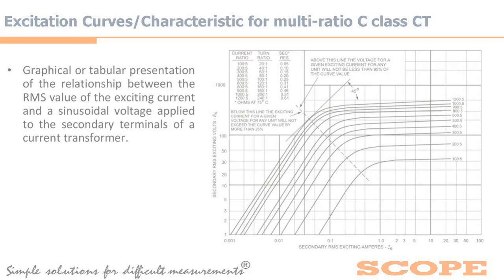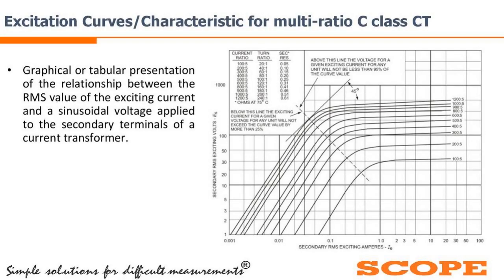This is the curve of excitation with respect to voltage. After that 200 by 5, 300 by 5, and similarly up to 1200 by 5. So in graphical presentation, we can get the excitation characteristics of multi-ratio C-class CTs.